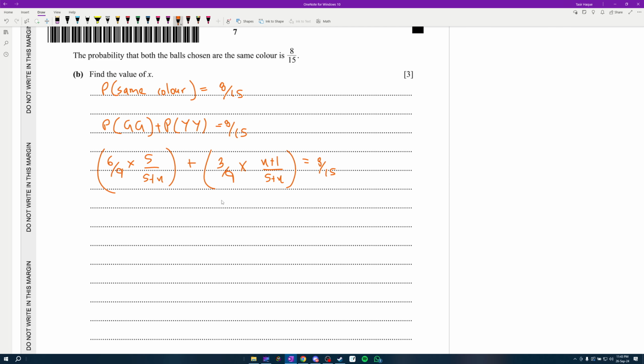Okay, fine. So let's do this. 30 by 45 plus 9x. 3x plus 3 divided by this. Or 30 plus 3x plus 3. Fine. Cross multiplication.